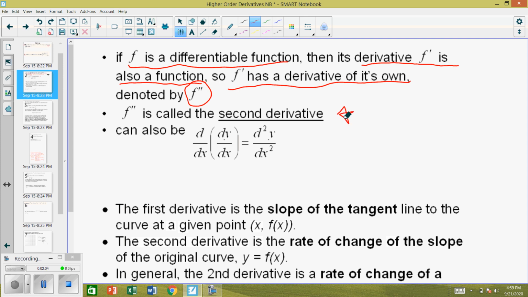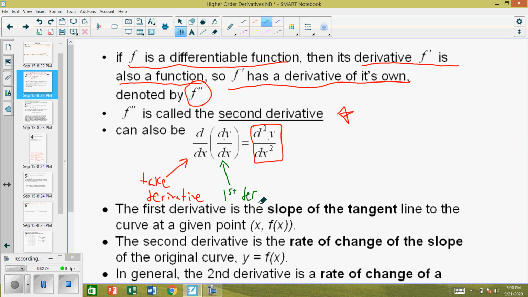It can also be written in this form here, so you'll see me write it that way a lot. We know that d over dx means take the derivative of, and this just means the first derivative.